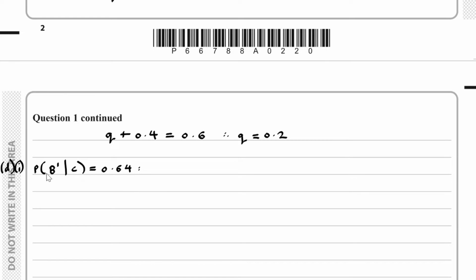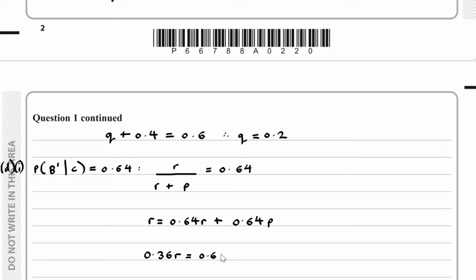So using this, well, we have C, so that will be R plus P, and not B given C, we have the R on top, and all this is equal to 0.64. So multiplying through by R plus P, we have R equals 0.64R plus 0.64P, and tidying all this up, we have 0.36R equals 0.64P, and we know what the value of P is.